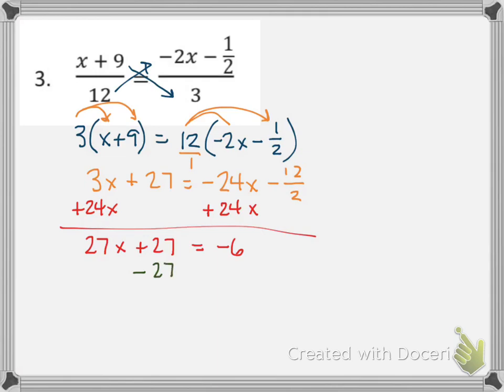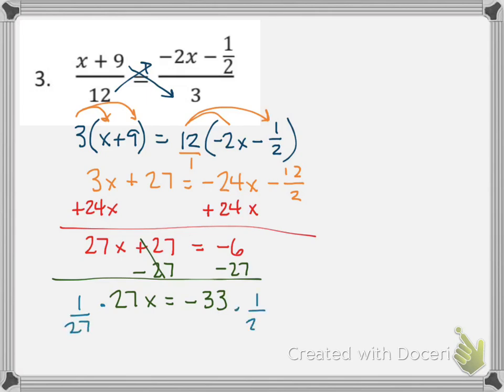Subtract 27 from both sides, and we get 27x is equal to a negative 27 and a negative 6, which is a negative 33. And then multiply by the reciprocal, and we get x equals a negative 33/27. Good answer.